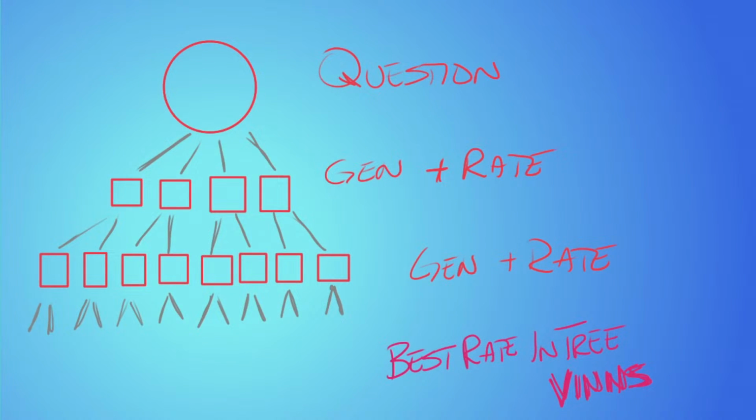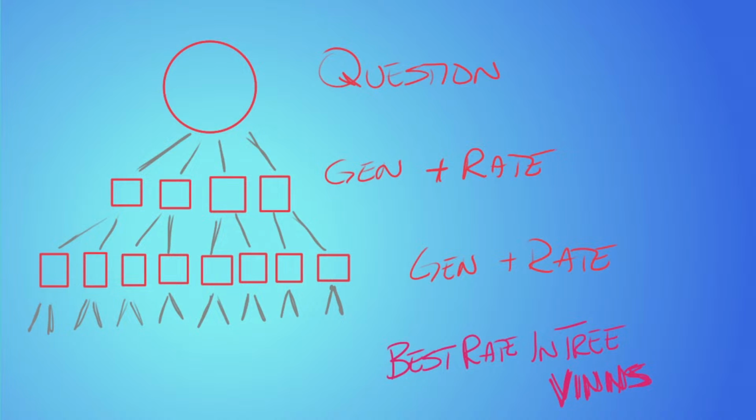A bit about this Tree-of-Thought method. You start off with a big question. In this case, it is just for me how I should find a good business fit for everything. And then you generate a number of part answers and rate them.